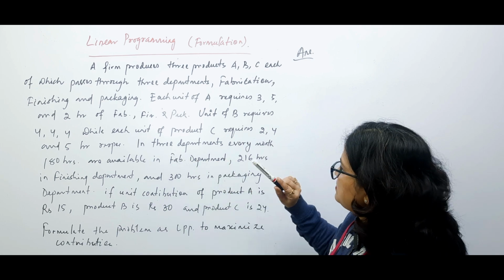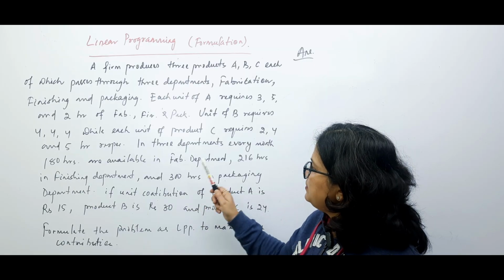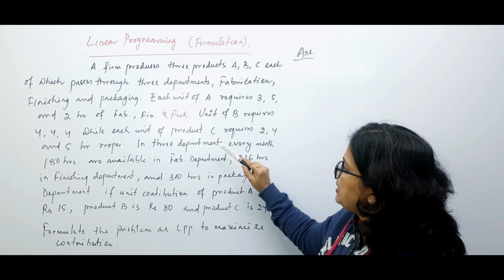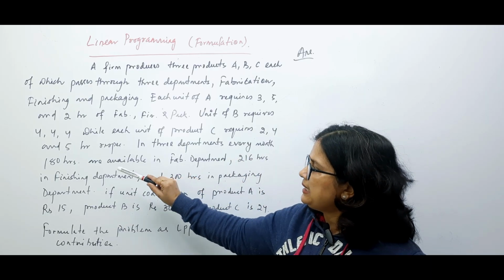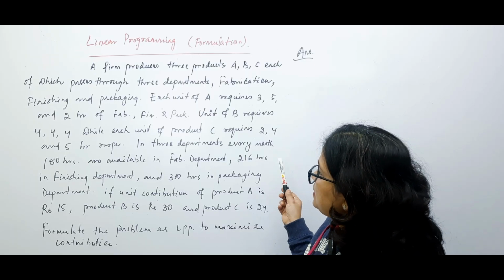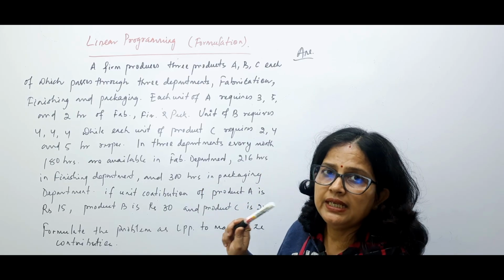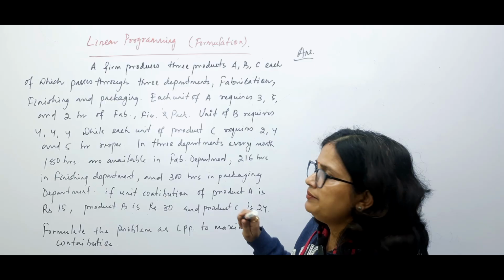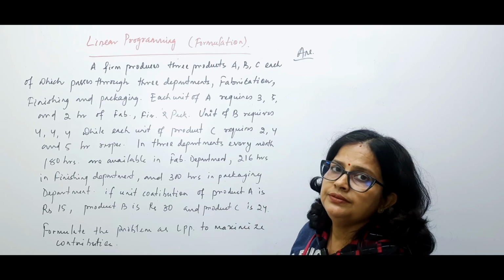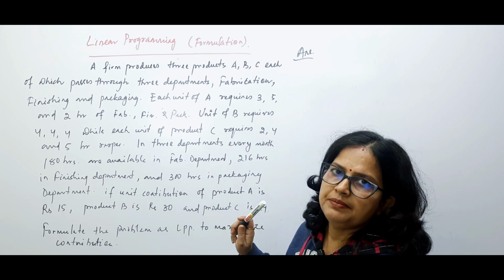In the 3 departments, every month 180 hours are available in fabrication. This is the limitation part. Means in every month we have only 180 hours for fabrication, 216 hours for finishing and 300 hours in packaging department.